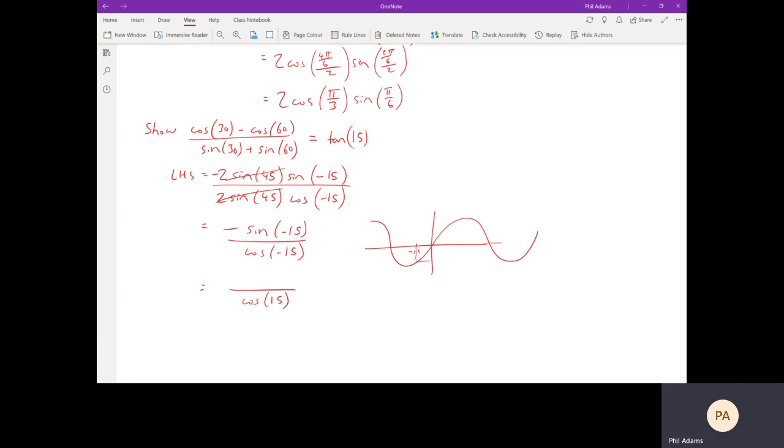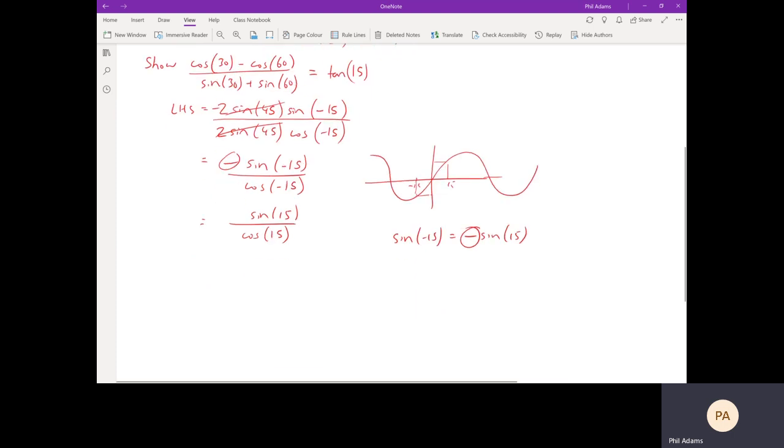Now remember, this one doesn't reflect in the y-axis. So sine of negative 15 is actually the same as negative sine of 15, which means that that top line there, if we replace that with sine of 15, the negative here and the negative here cancel out. So it becomes positive sine of 15 over cosine of 15, which gives us, that's tan, believe it or not, tan of 15, which is what we're trying to show.